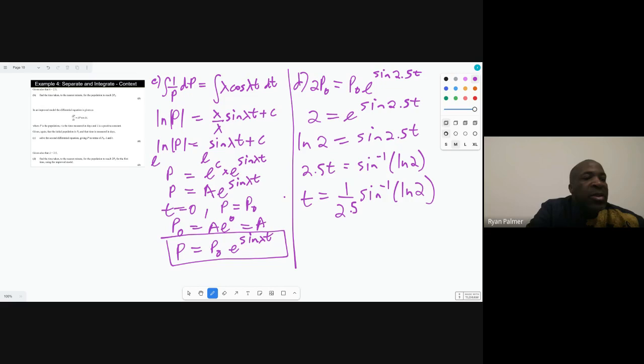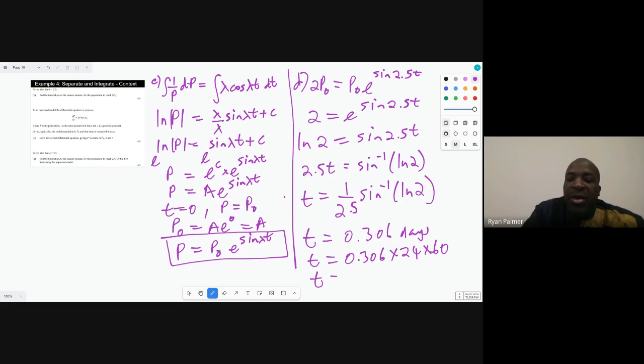When we type that into the calculator, we're going to get T is equal to 0.306 days. Multiply by 24, multiply by 60, gives us the answer in minutes. So we get T to be equal to 441 minutes to the nearest minute. All right, and we can leave the final answer in that form.